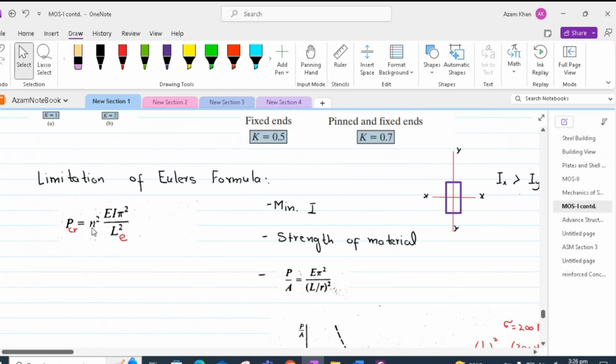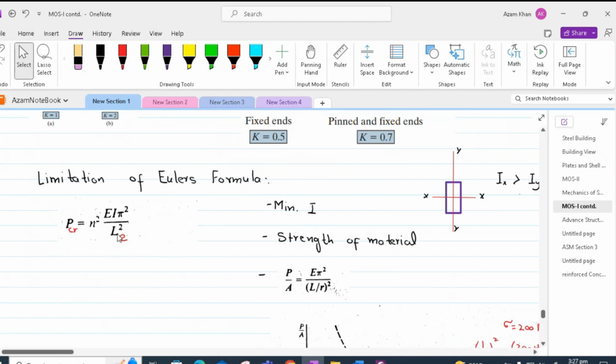Another important factor on which the Euler formula depends is the strength of material. A material having a higher modulus of elasticity will give us a higher critical load, and a material having a lower modulus of elasticity will give us a lower critical load. Another important piece of information that can be obtained from the Euler formula is the slenderness ratio.